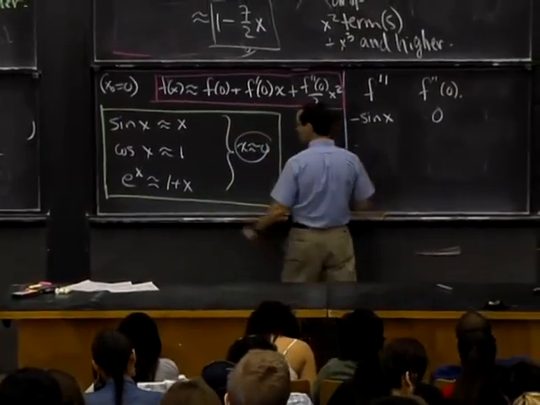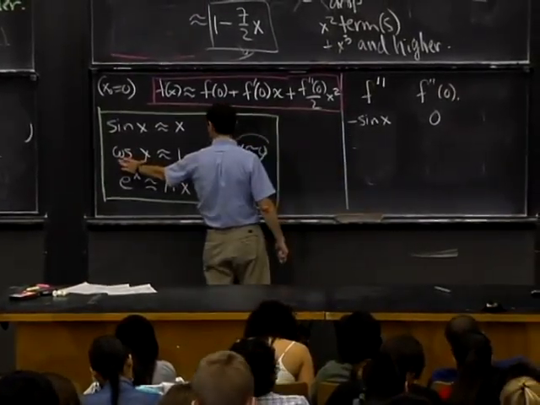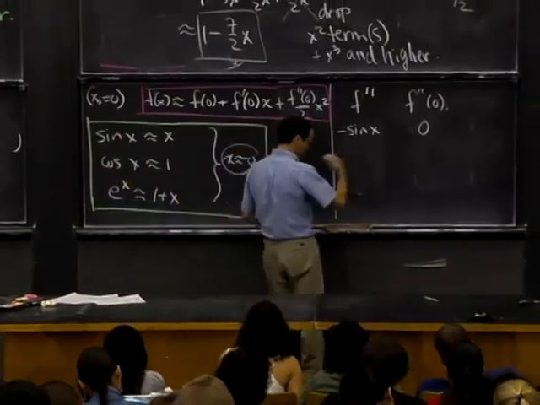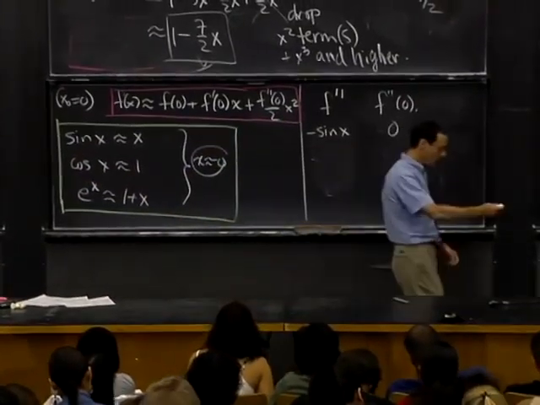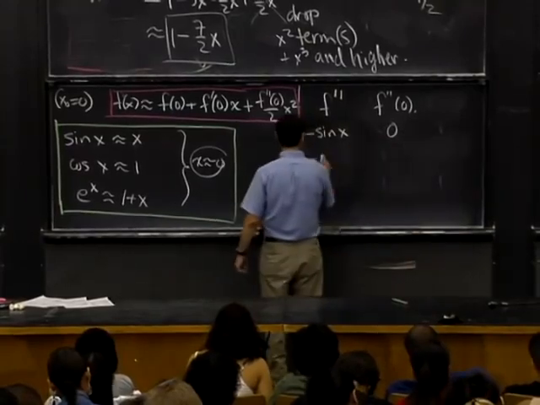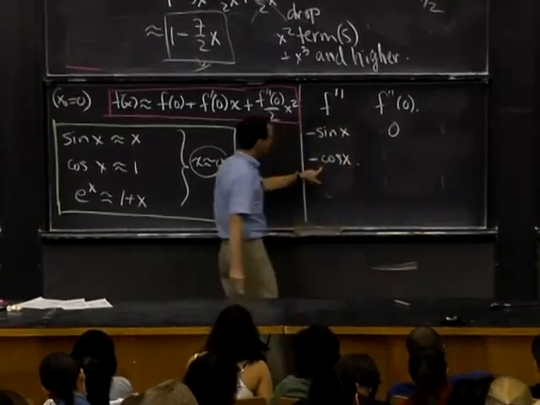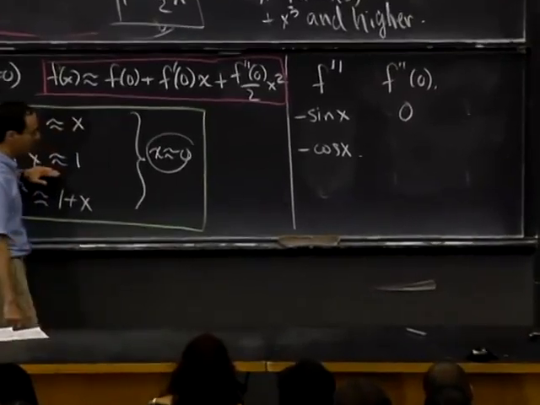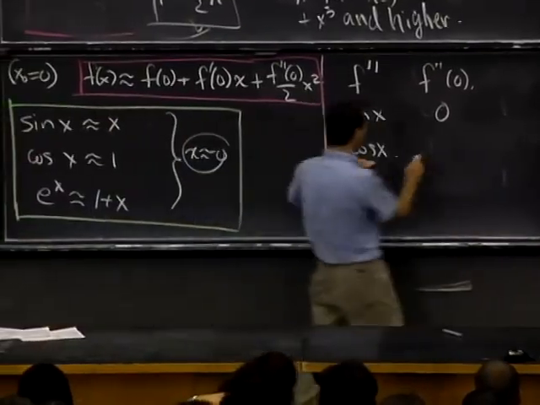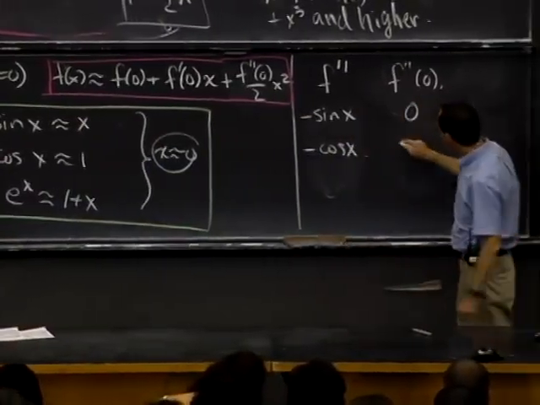For the cosine function, if you differentiate twice, you get the derivative is this minus the sine, and then the derivative of that is minus the cosine. All right, so that's f double prime. And now, if I evaluate that at 0, I get negative 1.